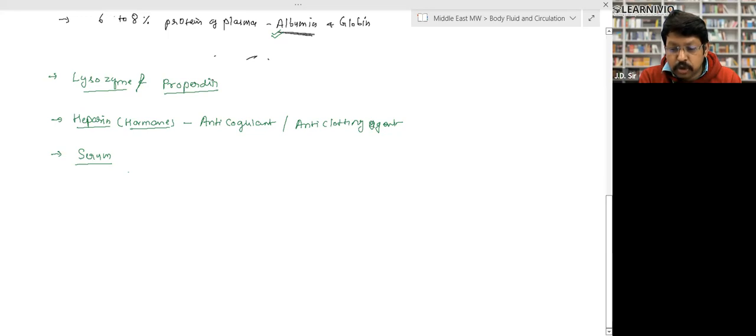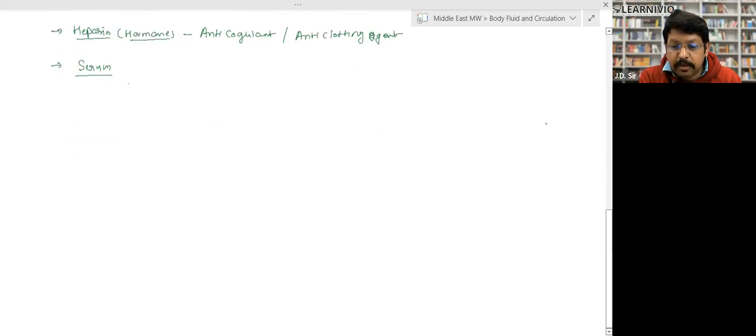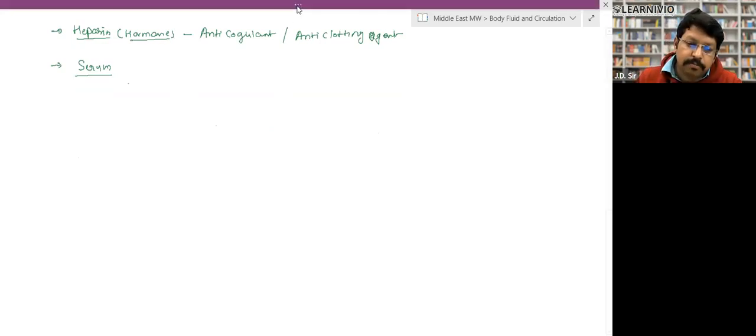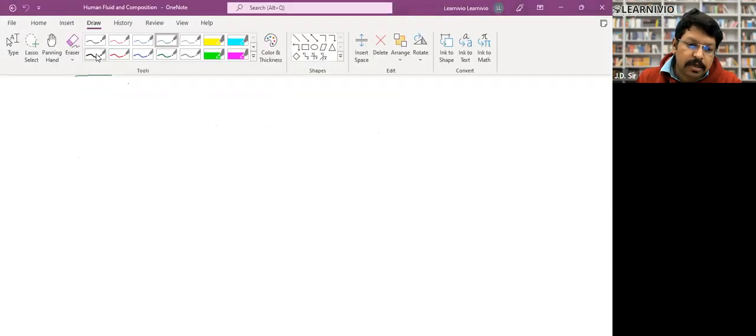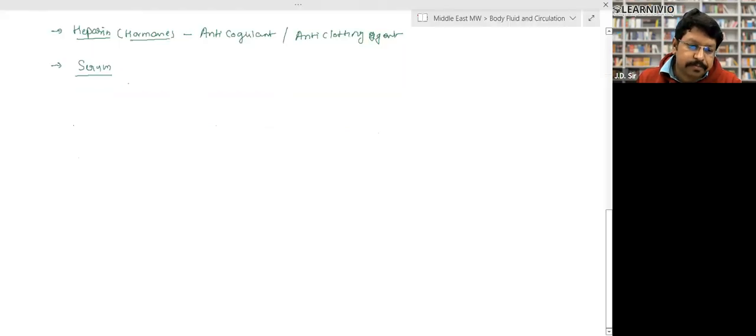Rather than the clotting, I want to tell you what the components of blood are. For example, we have a glass, a tumbler, and this tumbler is filled with blood.